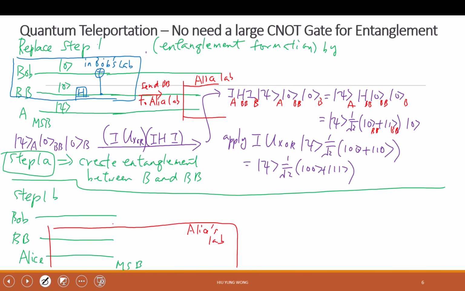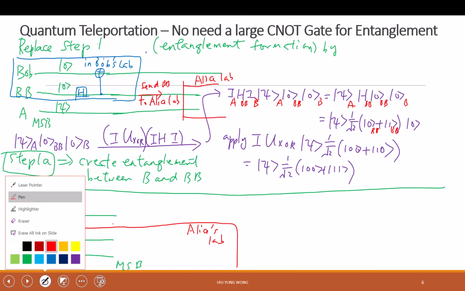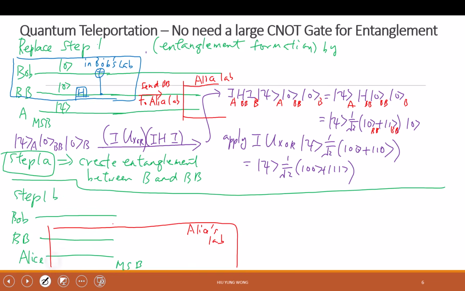Is that okay? Right? And then what will happen? Then Alex is going to apply a gate to here. And this is the CNOT gate. And after that, she's going to do a measurement.